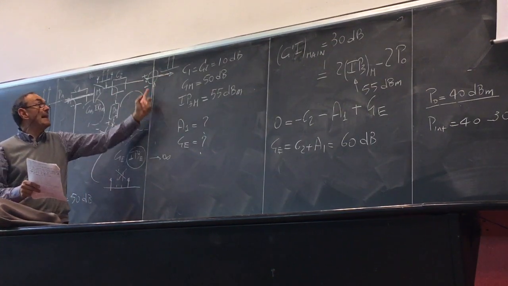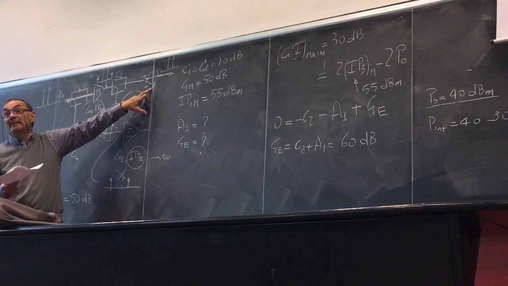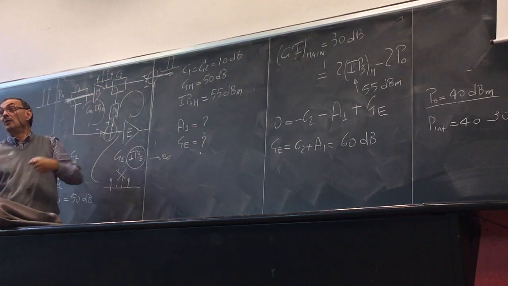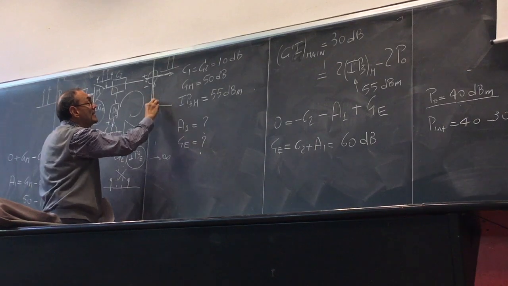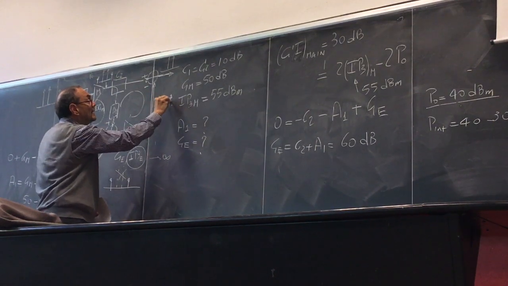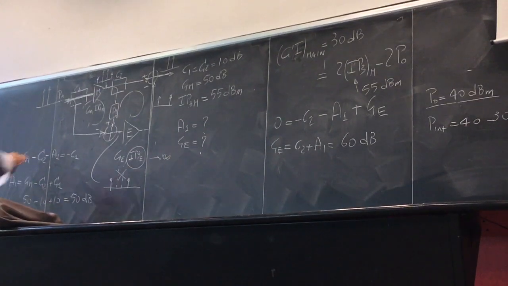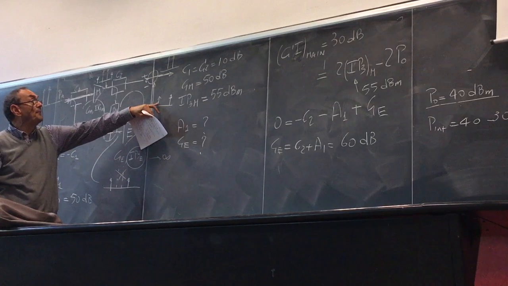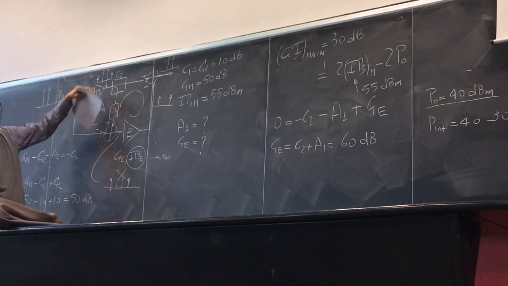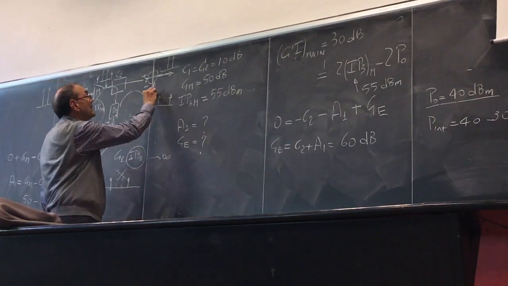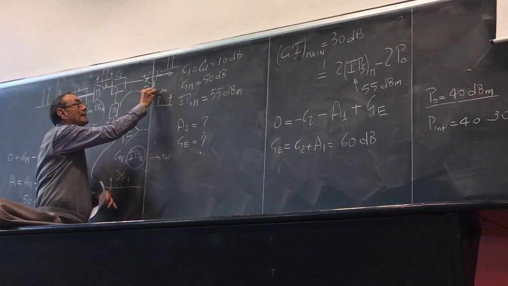This means that at the output of the error amplifier, we have to provide the power just in the intermodulation lines in order to remove them. So at the output of the error amplifier, we have for each line the same power as the intermodulation line here, which is 10 dBm. This is the power in each intermodulation line.